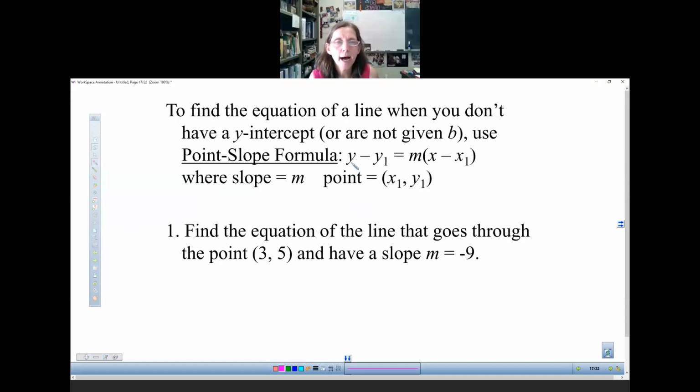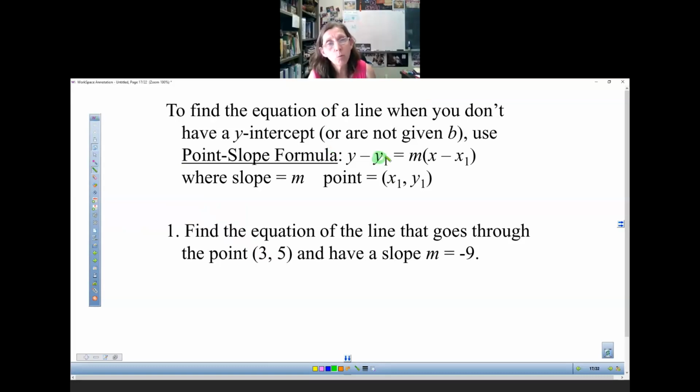It is y minus a y value. So y sub 1 means I'm going to plug a number in here, is equal to the slope times, and I have to put a parentheses, x minus an x value, okay? Now I'm going to go through and highlight the places where we're actually going to put a number in, okay?